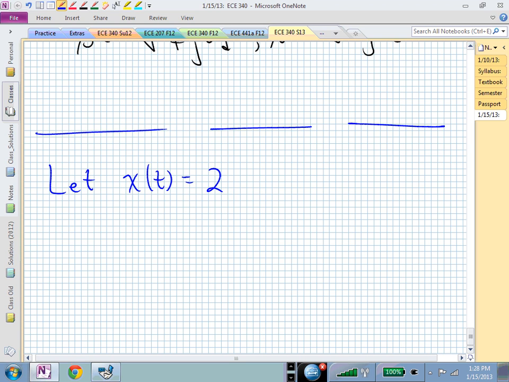And I could say that's either 2 for t greater than or equal to 0. You're going to see that written as 2 times u of t, where this u of t is acting like a switch. That's the unit step. It's the same concept or idea.